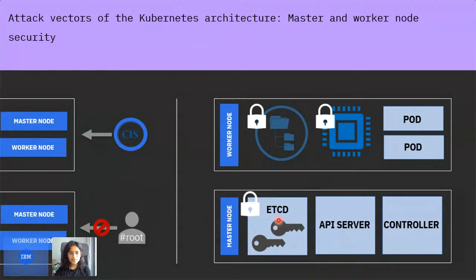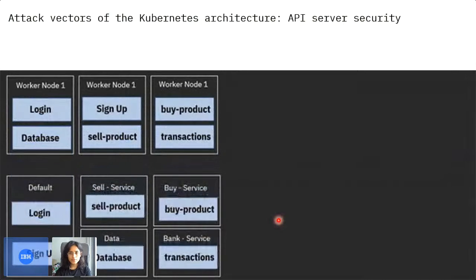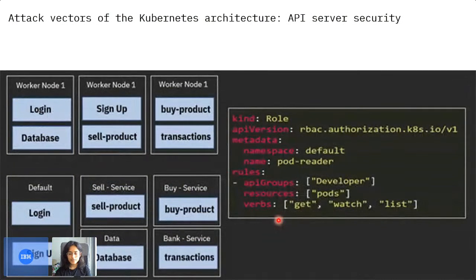All right, so moving further, let's talk about API server security. As previously mentioned, the API server controls access to the cluster. Basically, it is the way into your cluster.